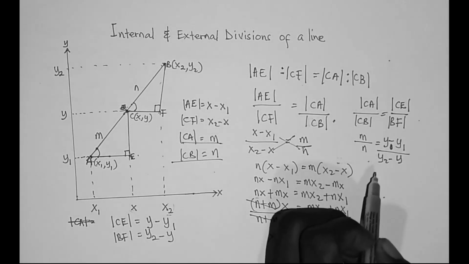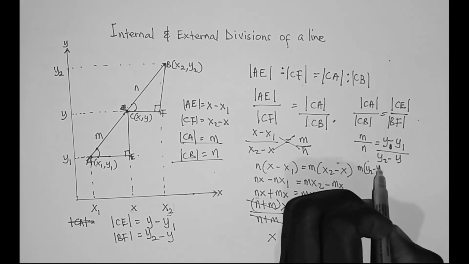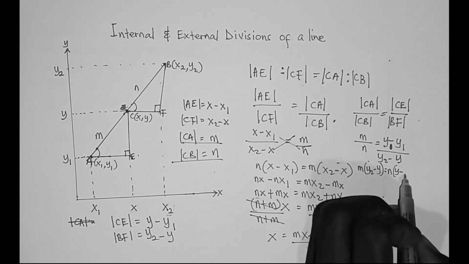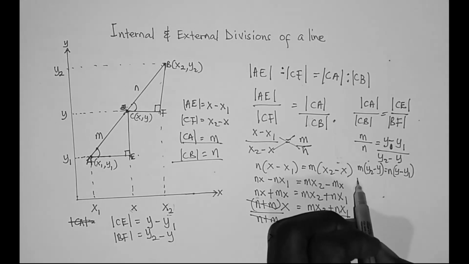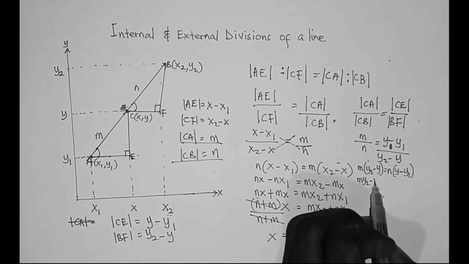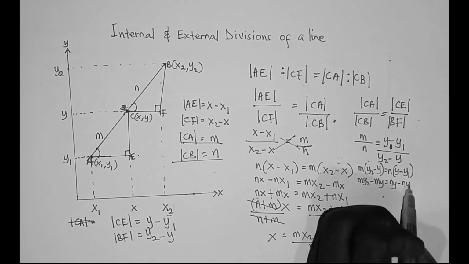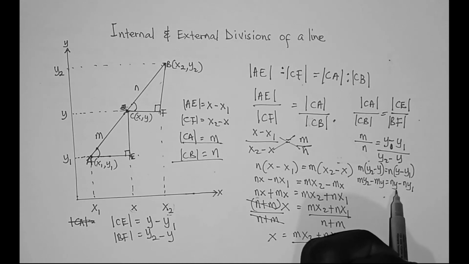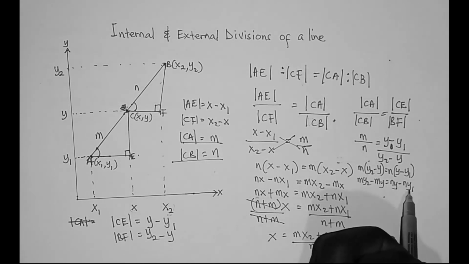So let's cross multiply in this case too. So it becomes m times y2 minus y is equal to n times y minus y1. So let's expand. my2 minus my equals ny minus ny1. So there is y in this place, y here. So let's take this y to this side and bring ny1 to this side.